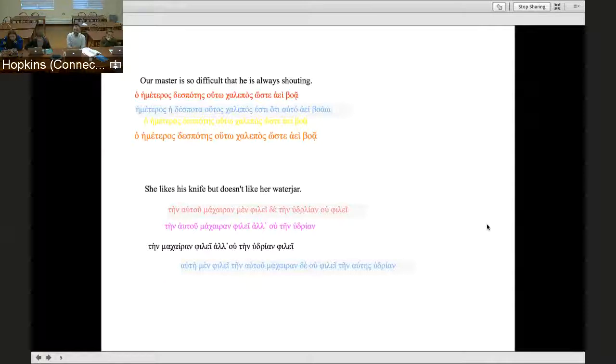No, that only applies if it's the adjective, like ho autos despotes, the same master. This isn't a genitive and it's possessive, so you want to have it outside of the article and the noun. It's going to be in the predicate position. This is what autu does. Autu is outside of the article and the noun in the predicate position.